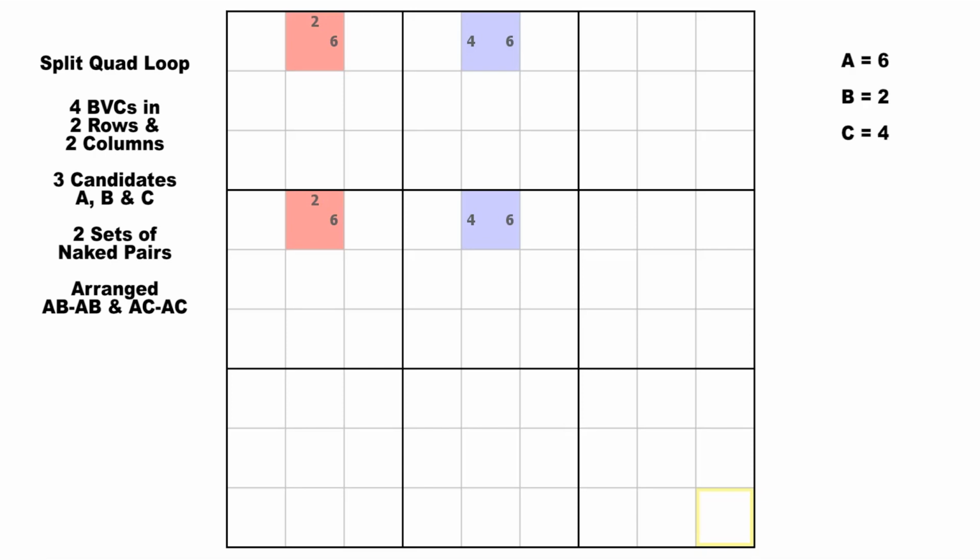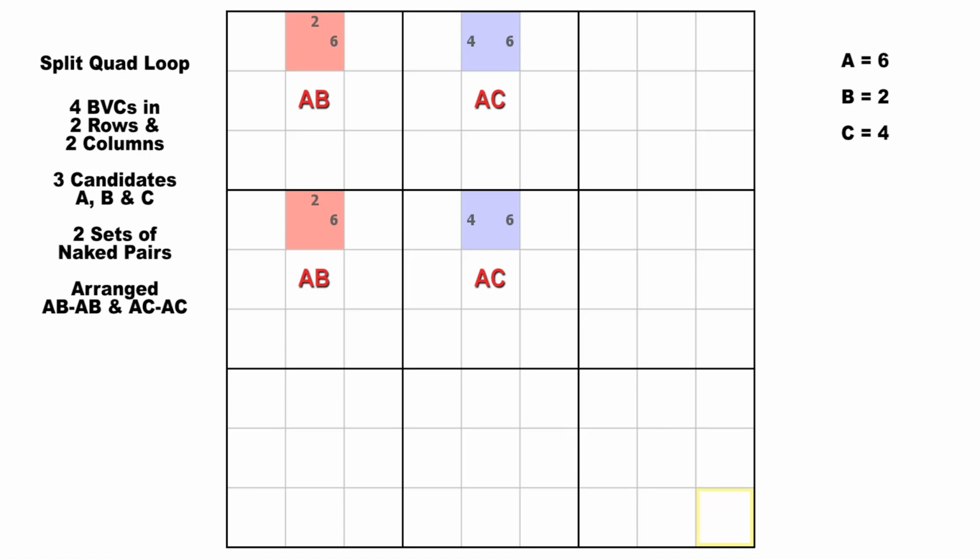Let's call the 6 candidate A, the 2 candidate B, and the 4 candidate C. So in column 2 we have AB, AB, and in column 5 we have AC, AC. And as you can see, there is a 6 in all 4 of those cells. 6 is the common candidate, which means it is our candidate A.